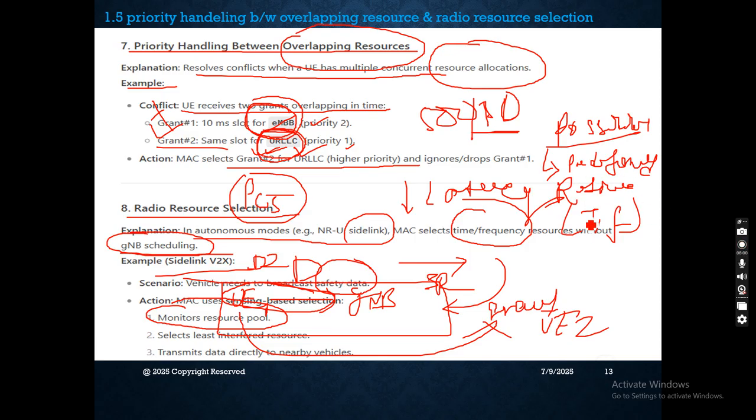Another way is that we define a pool of resources, the resource pool (RP). Then you can randomly pick a resource from this resource pool. In this case, it does not wait for the gNodeB to allocate the grant, and it can transmit the data, and that is what is happening here.